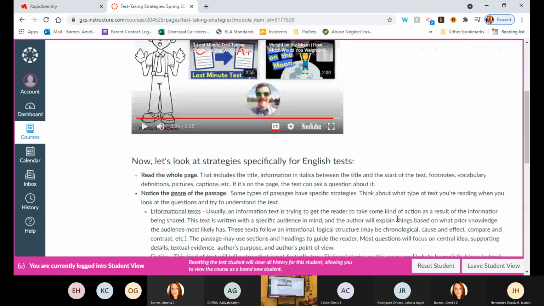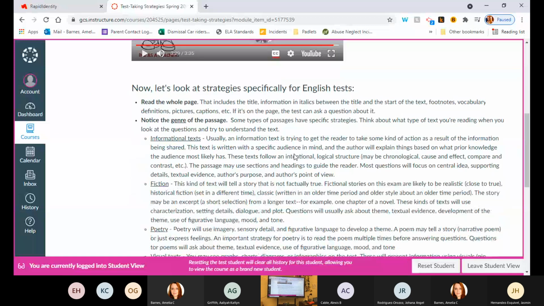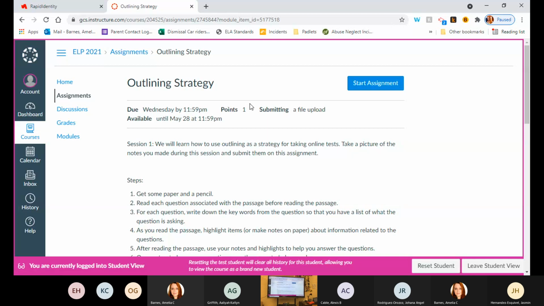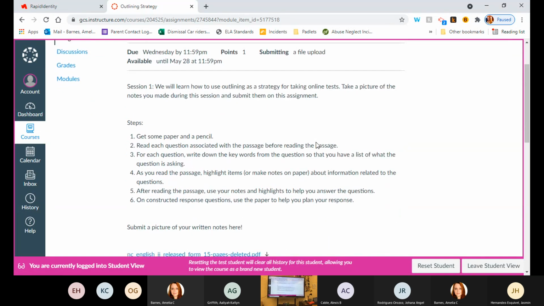All right, so that's the information about strategies for taking tests. We're going to look now specifically at a strategy for outlining a text. So the reason we might outline a text is to help us keep track of information, because in the version of the test I showed you, you can only see one question at a time.